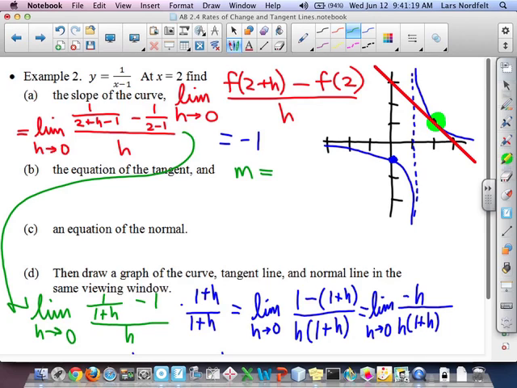But I like to use the slope, which is negative 1, and the point where it's tangent, which is 2 comma 1. And so I'll write the equation in point slope form. y equals negative x minus 2 plus 1.